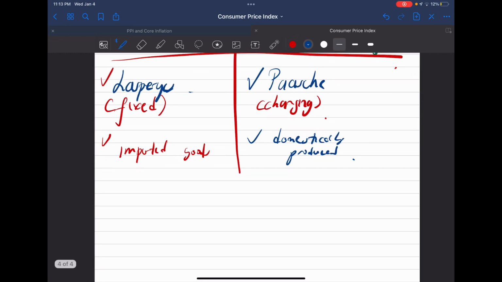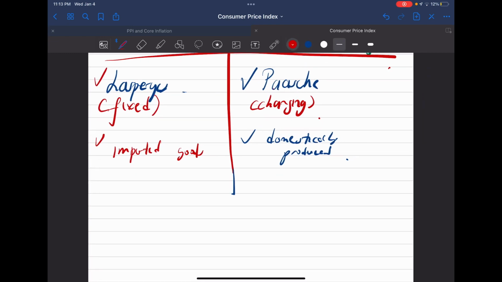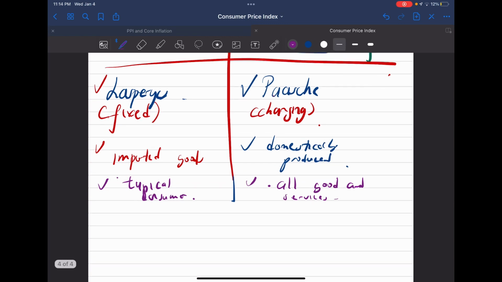And the last difference, there are actually other differences, but these are the main ones, is the basket of goods purchased by a typical consumer. This is a highlight of the CPI, typical consumer, while the GDP deflator is all goods and services in the economy. Does not matter. Consumer, government, who cares? GDP deflator gets them all. While CPI is only the perspective of the consumer.